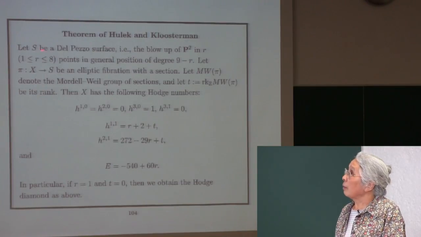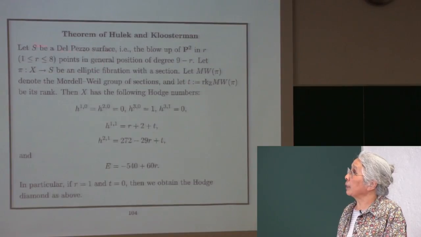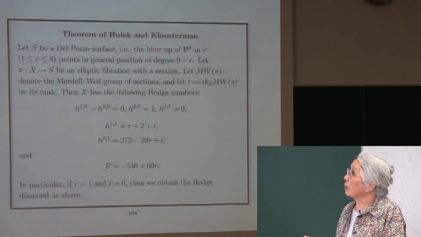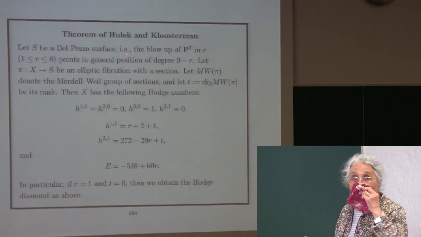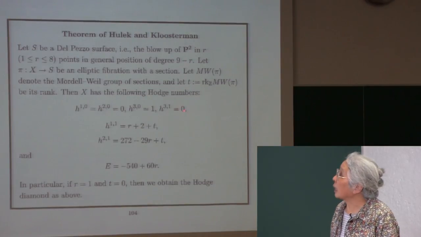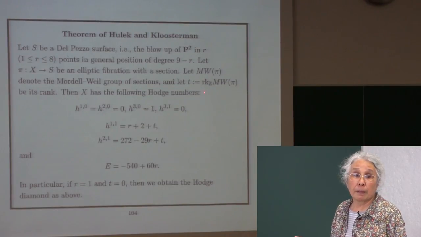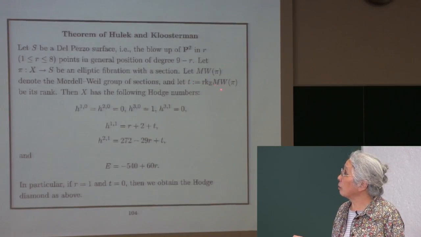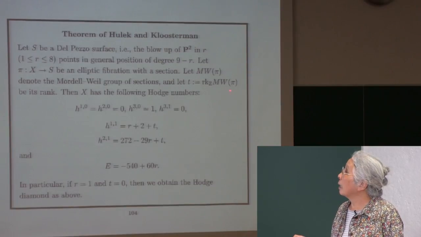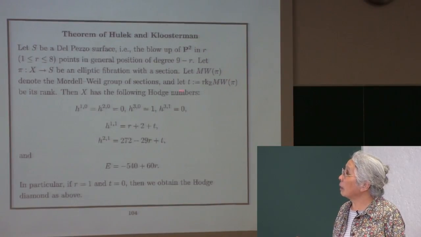In general, if you have a del Pezzo surface S, which is a blow-up of P2 at r points in general position, so degree 9 minus r, and then pi is the elliptic fibration with section, you can consider the group of sections. That's the Mordell-Weil group. The Mordell-Weil group is finitely generated, so T will be the rank.